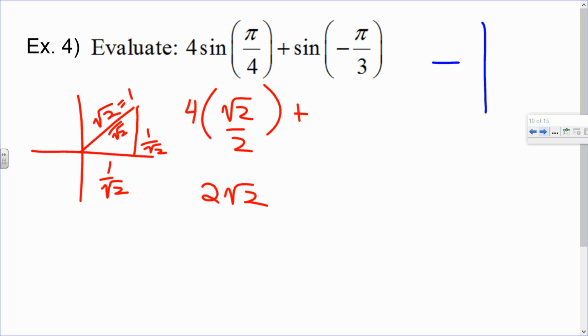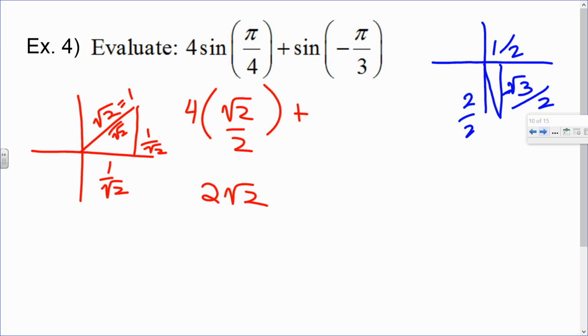Okay, this time negative direction. And again, everybody point with your hand. If we're going in the negative direction, where will we stop for pi over 3? Okay, good job. We're ending up in this fourth quadrant down here. So 1, 2, root 3, divide by 2's, and this is our negative 1 right here.